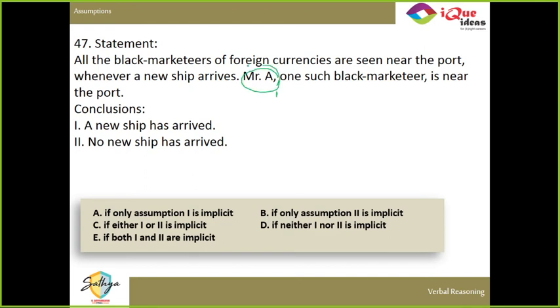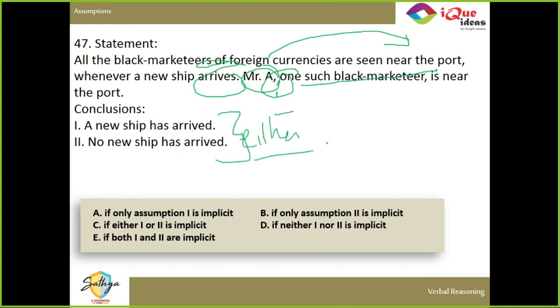Black marketeers go to the port when a new ship comes, and Mr. A is a black marketeer who is at the port. But that does not mean that a new ship has come. Either it has come or it has not come. Right? So definitely either or. One of these two things is possible, but both of them are not simultaneously possible. So either or definitely has to be my answer in this case.